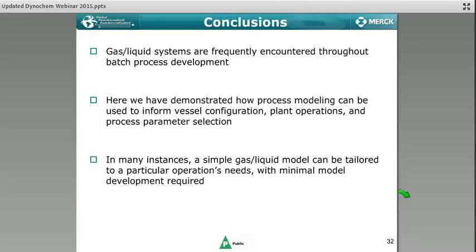But here, what I hope to show is that by taking a moderately straightforward DynoChem model and making some system-appropriate tweaks, you can effectively use DynoChem as a tool to do simulations on vessel configuration, process parameter optimization, and plant procedural improvements as well. And it allows you to move pretty seamlessly and efficiently between various systems in order to do that.